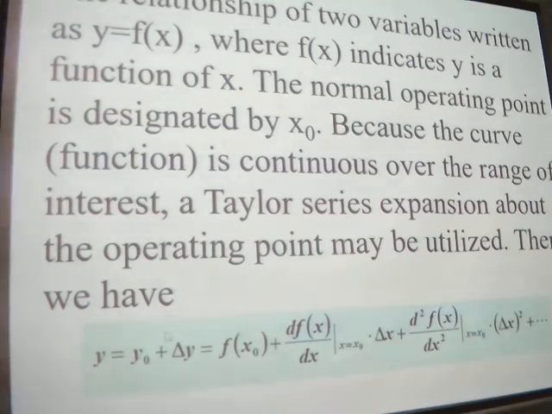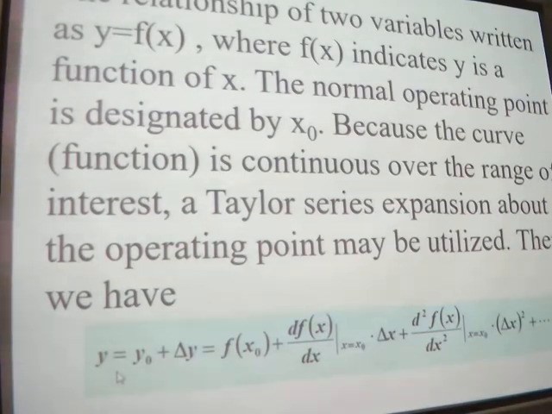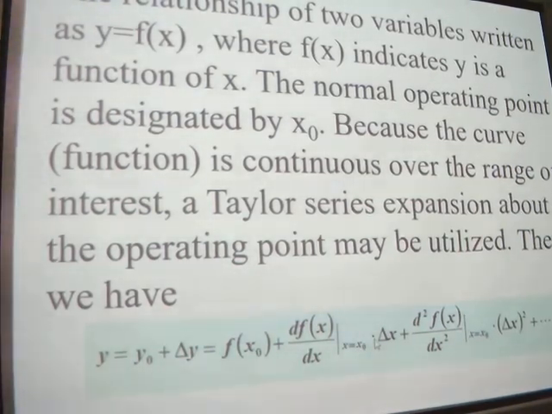Then we have this nonlinear equation approximated by a linear system. We can say y equal to y0 plus delta y, f equal to f(x0) plus the derivative df(x) by dx at x0 times delta x, and then plus etc.